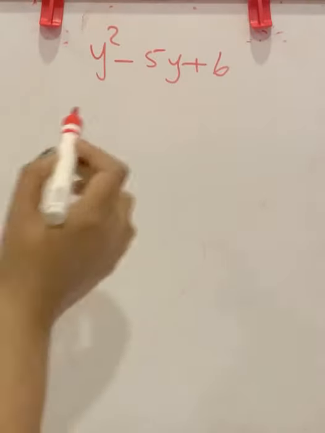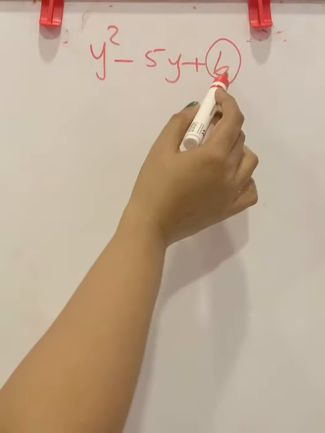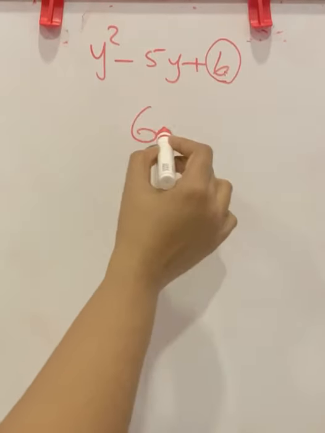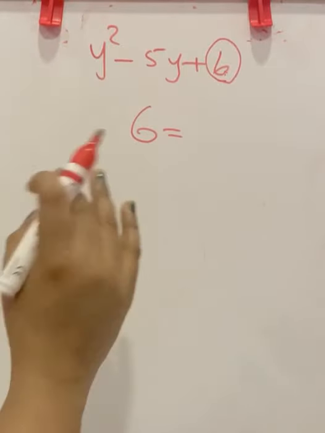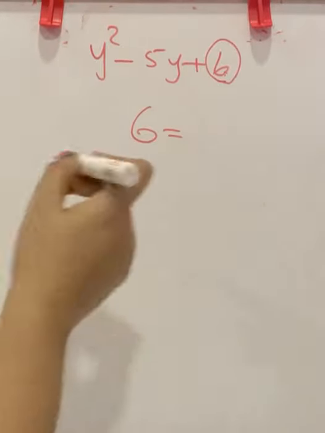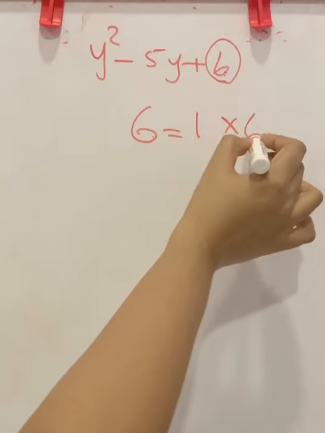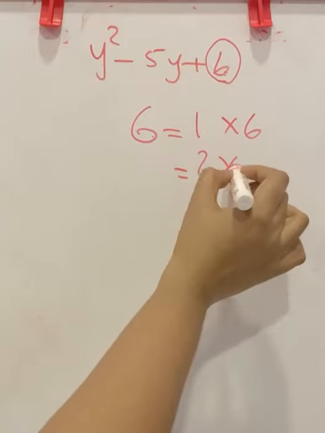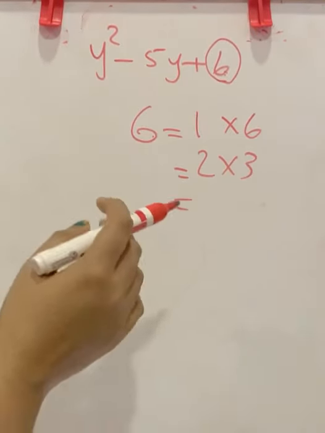The next step is to find the factors of the third term, that is, this constant term. Factors means those numbers we multiply to get this as the result. So 6 can have 1 into 6 is 6, right? Also 2 into 3 is 6. Now again there are other factors.